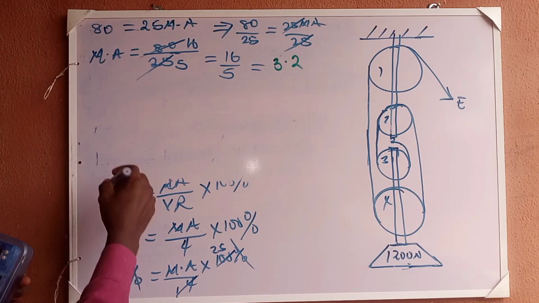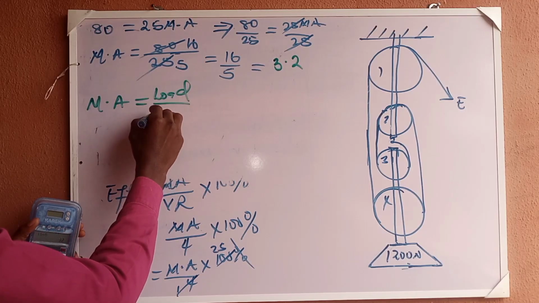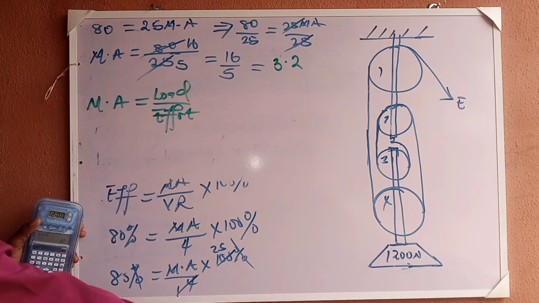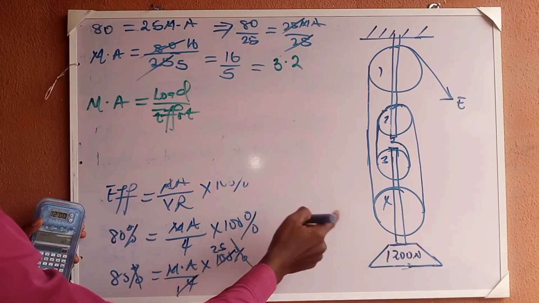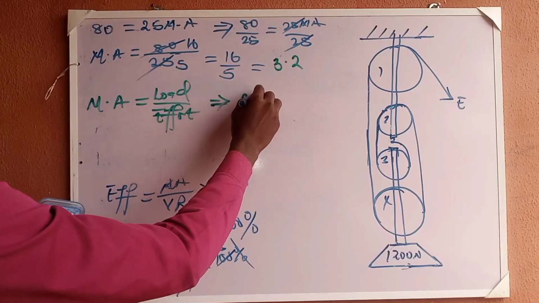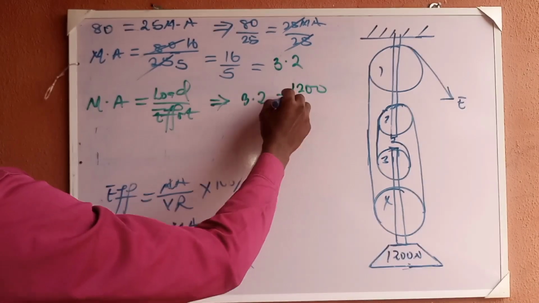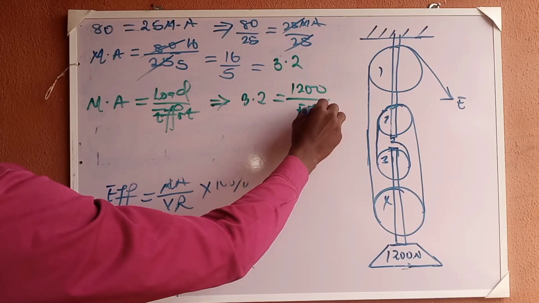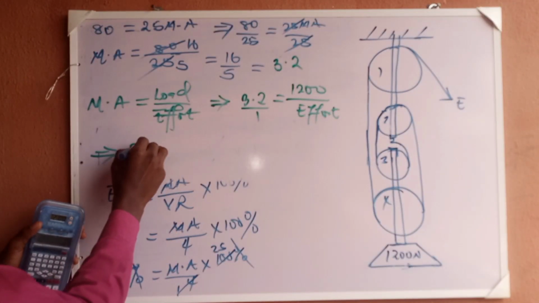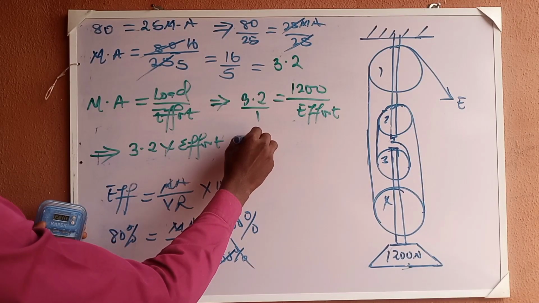We know that mechanical advantage, MA, is the ratio of load to effort. And in the question, we are given the load to be 1,200, as you can see in the diagram. So this implies that this mechanical advantage, which is 3.2 here, equals the load, which is 1,200 Newton, all over effort. So I'm going to cross and multiply, and that implies 3.2 multiplied by effort equals 1,200.